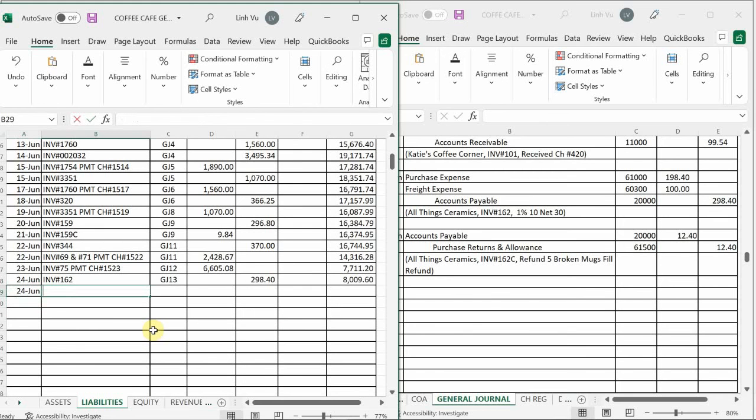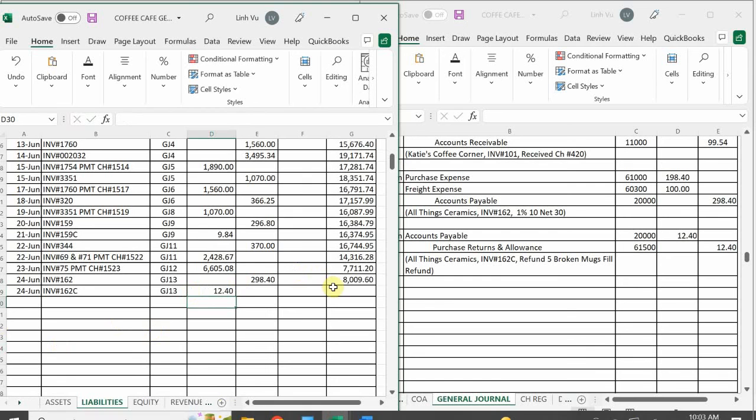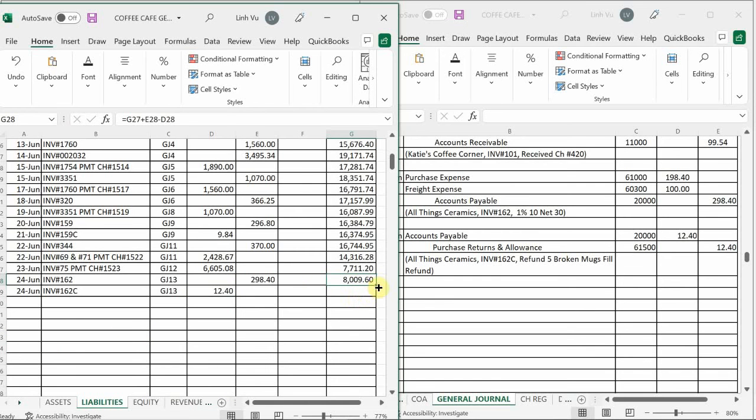Because I got an invoice 162C. I got a credit for $12.40. So that should reduce the amount by $12.40, right? It made a difference.